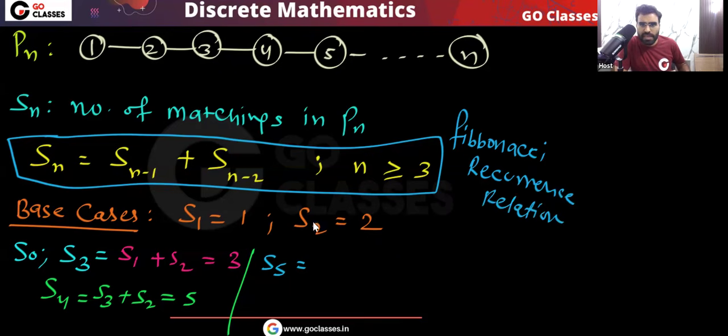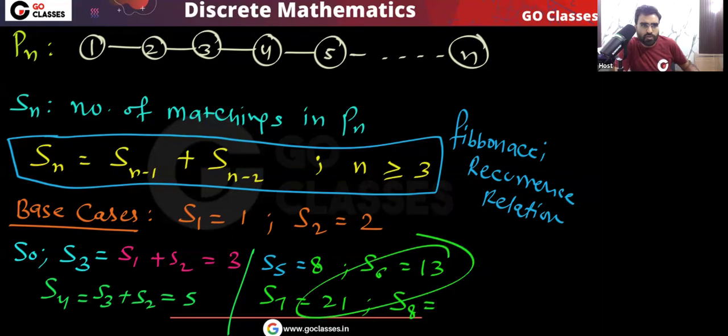Every value is the summation of the previous two values, right? So for example, S5 will be the summation of previous two values, 8. S6 will be 13. S7 will be 21. And S8 will be 34.